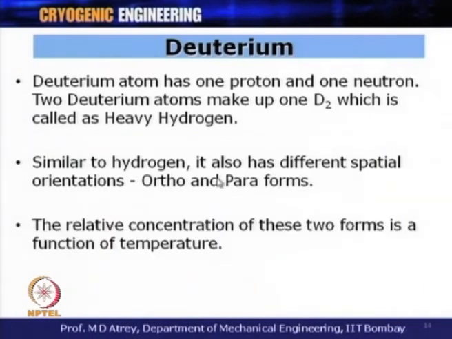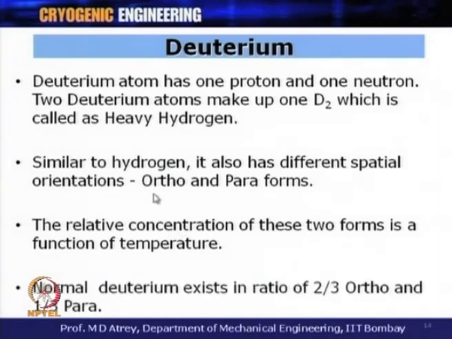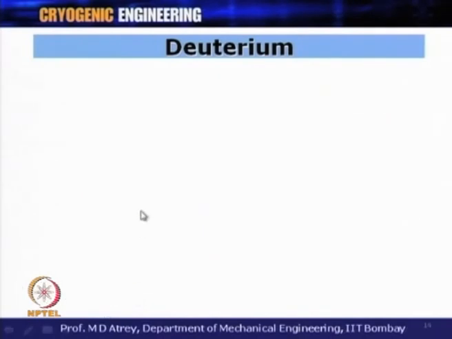That means their percentages are different. The relative concentration of these two forms is a function of temperature again, as it is in normal hydrogen. The normal deuterium has got 2/3 ortho and 1/3 para. So, 66% is in ortho and 33% in para at the initial case, as against 75-25 over there.